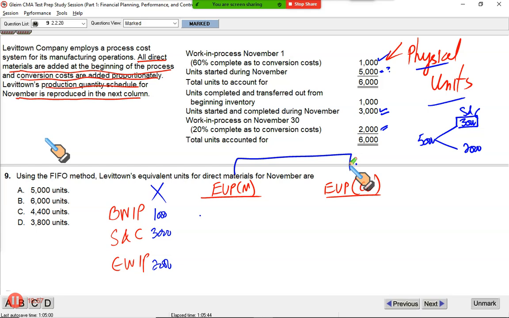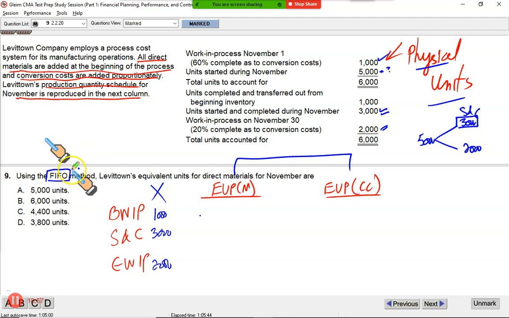Now, you just read with me that in this process, all direct materials are added at the beginning of the process. Material is added at the start. Please remember, there are two methods to value your goods and work in process in the process costing. One is FIFO, other is weighted average. Please note and read carefully and watch this video later repeatedly.